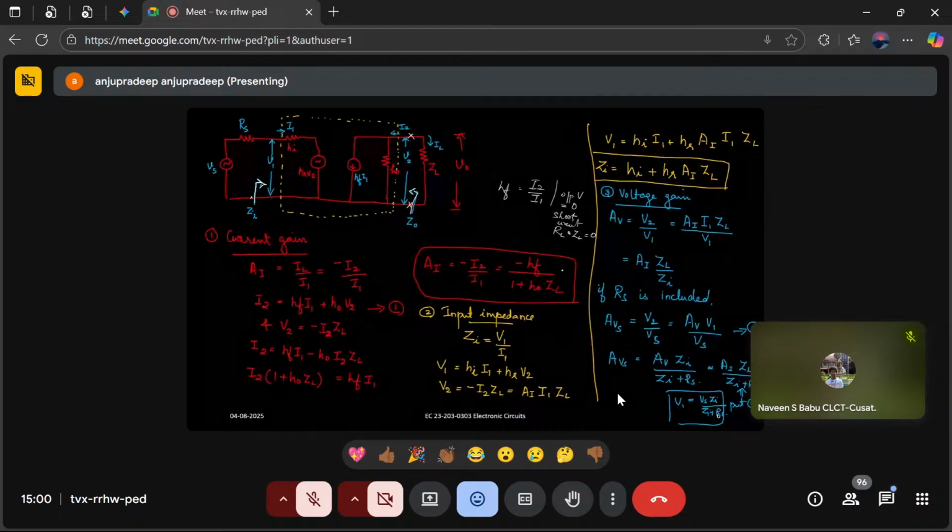Now, why do you get a negative sign here? Because actually current gain means it should be the current reaching the load. So IL divided by I1, and IL is nothing but minus of I2. That is why you get a negative sign here. Do you have doubts? Have you taken down till here?